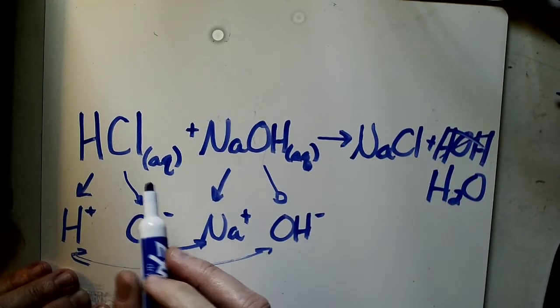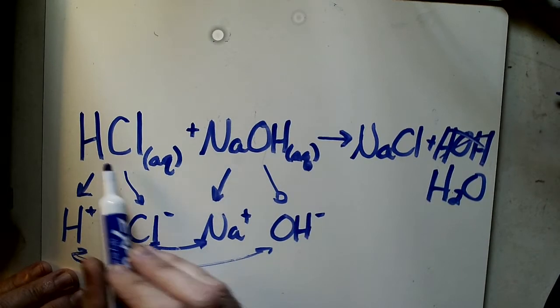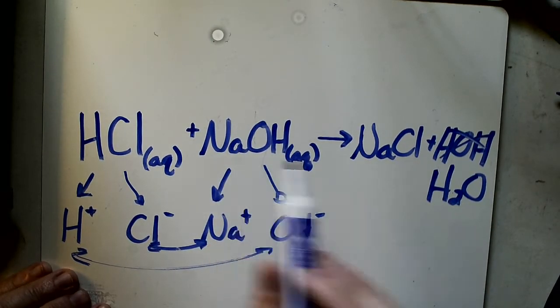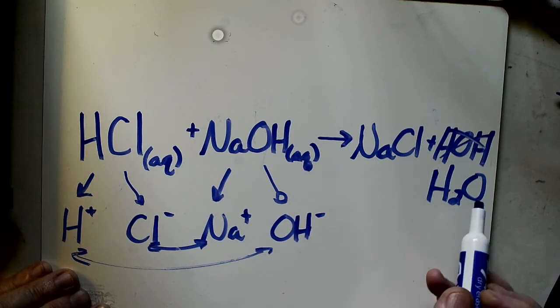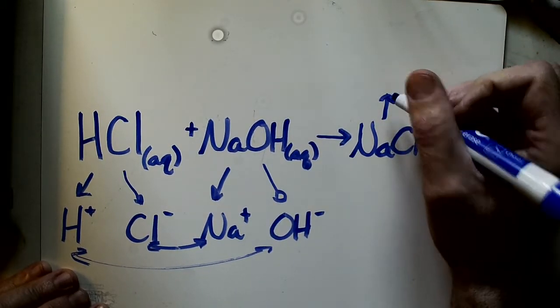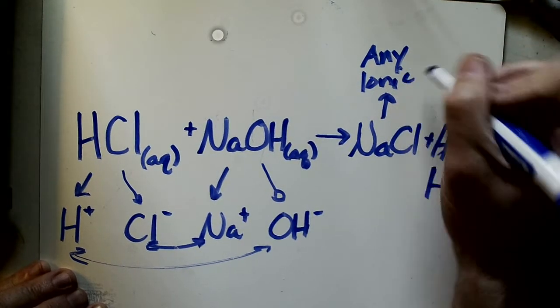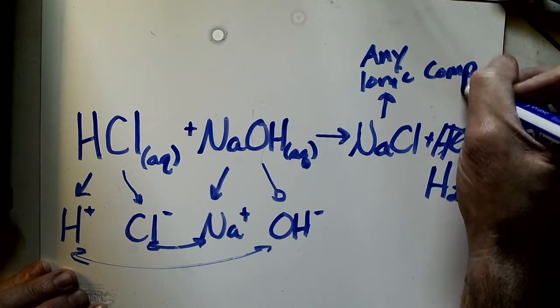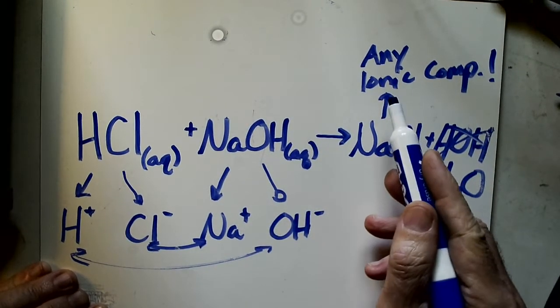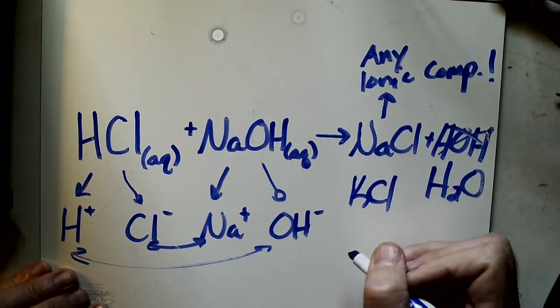So when you mix an acid and a base together, you get a salt and you get water. By salt, I mean any ionic compound. Any ionic compound is a salt. So potassium chloride, that's a salt.